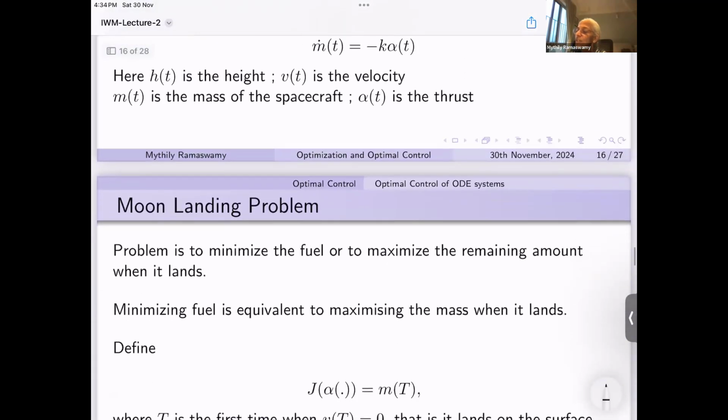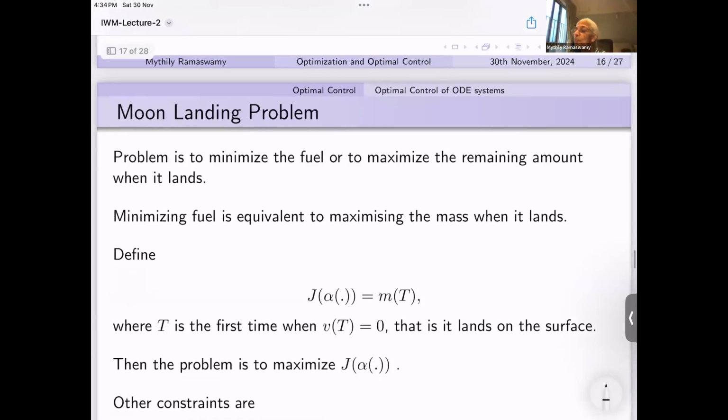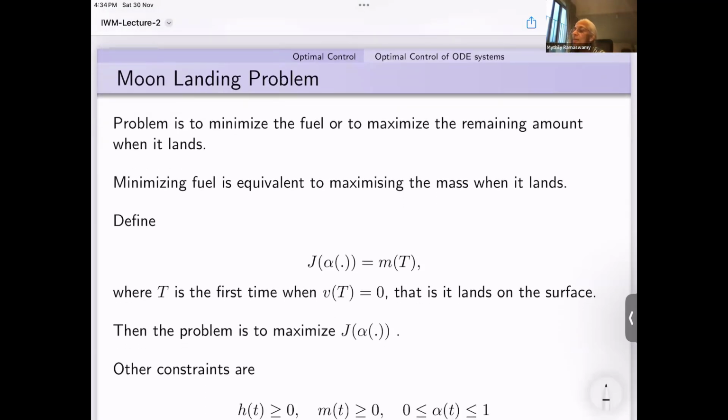Now, what do we have to do? We have to minimize which functional, let us see. The problem is to minimize the fuel or maximize the remaining mass when it lands. Minimizing the fuel used is equivalent to maximizing the mass, because the fuel is adding to the mass when it lands. So we define J(alpha), where alpha is the control, the thrust that we are giving, equal to m(T), that is the mass remaining at capital T when it lands.